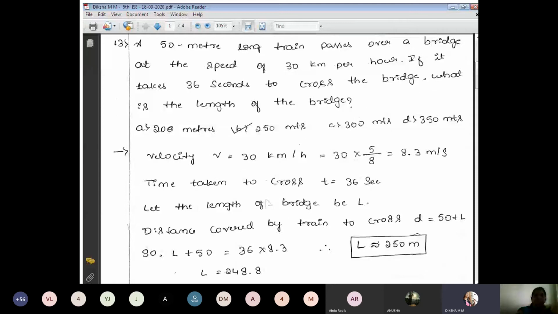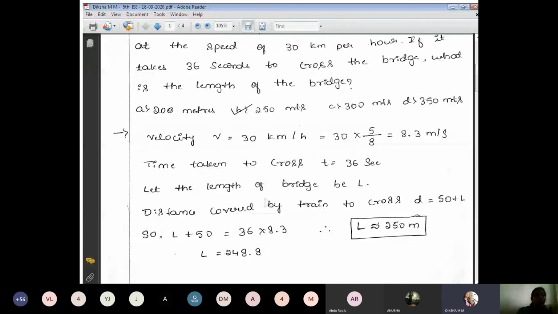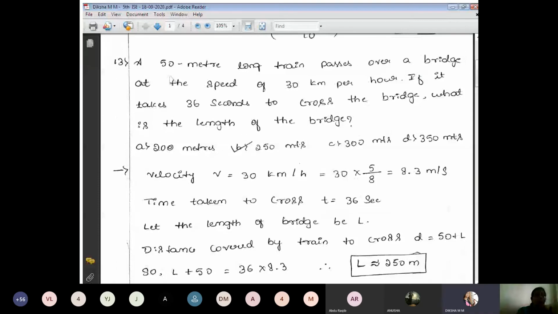So they have given the length of the train, 50 meters, and they have given the speed also. Speed is nothing but velocity, that is 30 km per hour. But we convert this into meters per second.